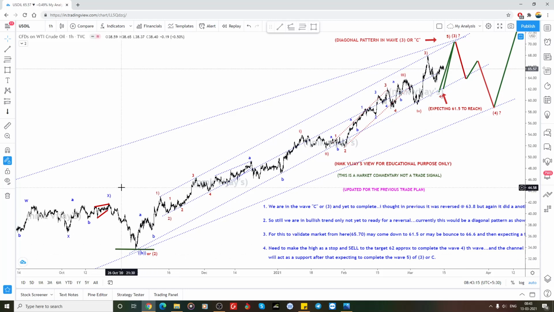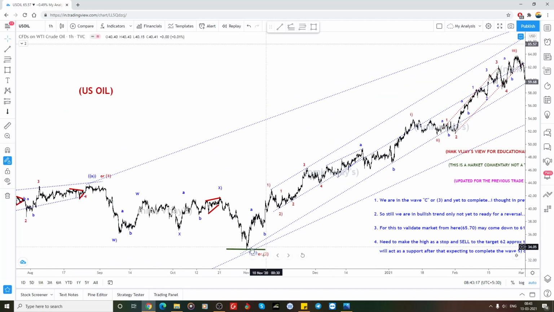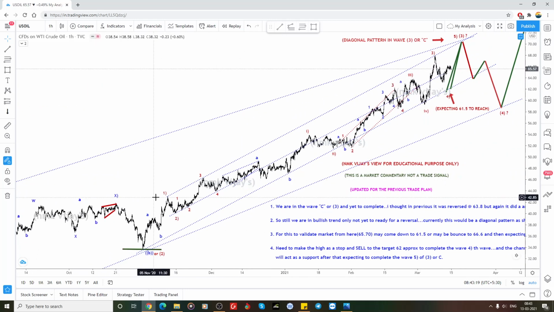If I consider this as the B, and I took it as a diagonal wave, so 1 2 ABC is a 1 2 3 4 5. So this is the end of the third wave. I'm looking for that fourth wave, and I have already said from here it could get rejection. After that fourth wave, the fifth wave has to happen.